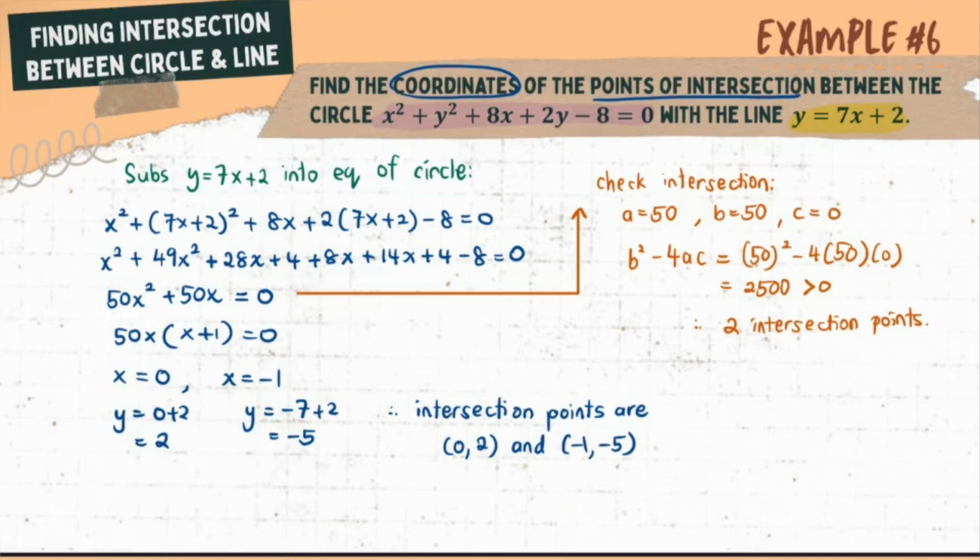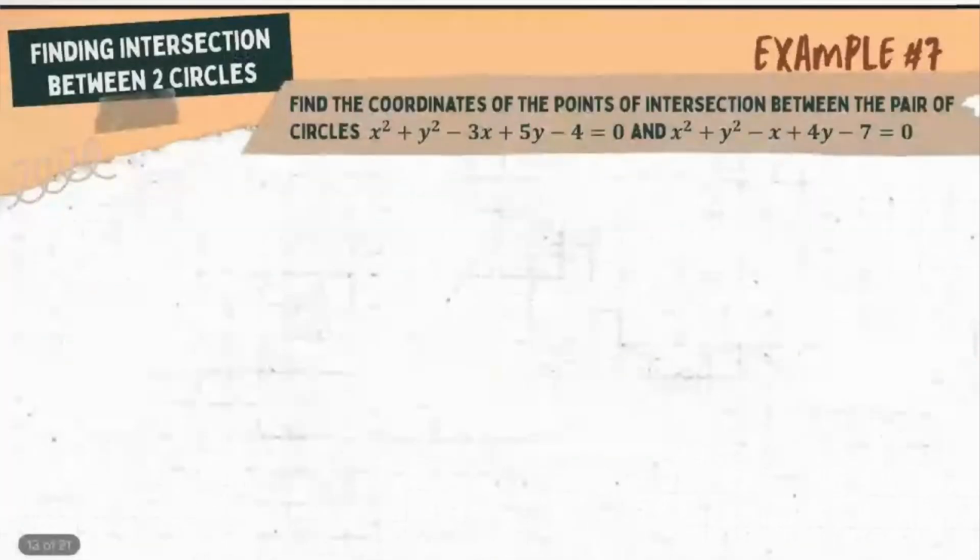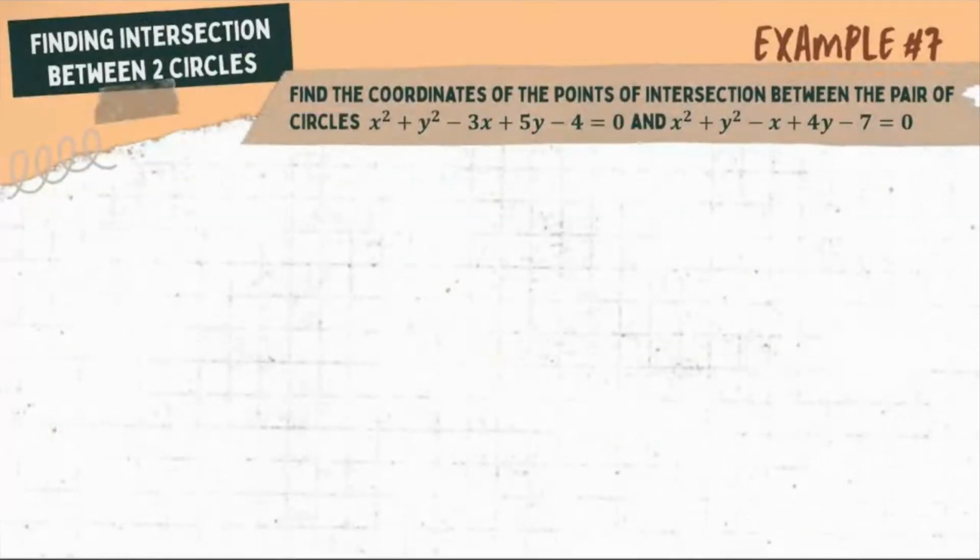Alright, so now we will go to the next example. This time we will look at the intersection between two circles. Okay, so what are the circles? Here it uses this equation. This is the first circle and the blue circle here is the second circle. So if there are two circles, let's say I label this as C1 and this as C2.